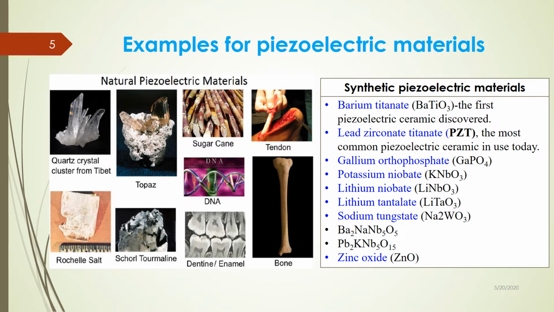A list of important piezoelectric materials is given in this slide. Natural piezoelectric materials include quartz crystal, Rochelle salt, topaz, sugarcane, tendon, bone, etc. And synthetic piezoelectric materials include barium titanate, the first discovered piezoelectric ceramic material, and lead zirconate titanate, otherwise known as PZT.